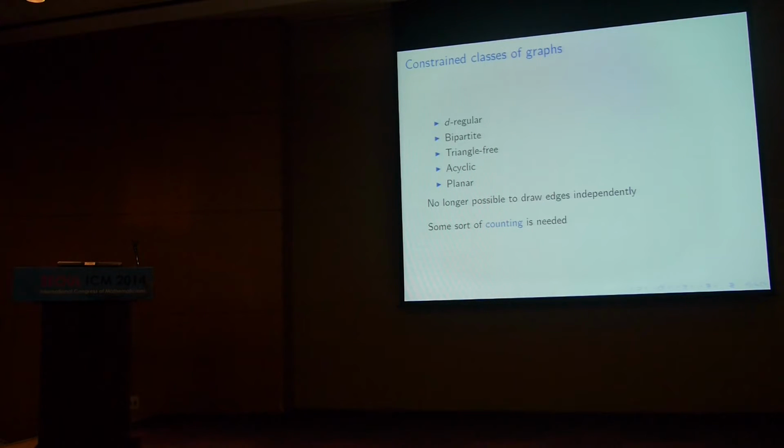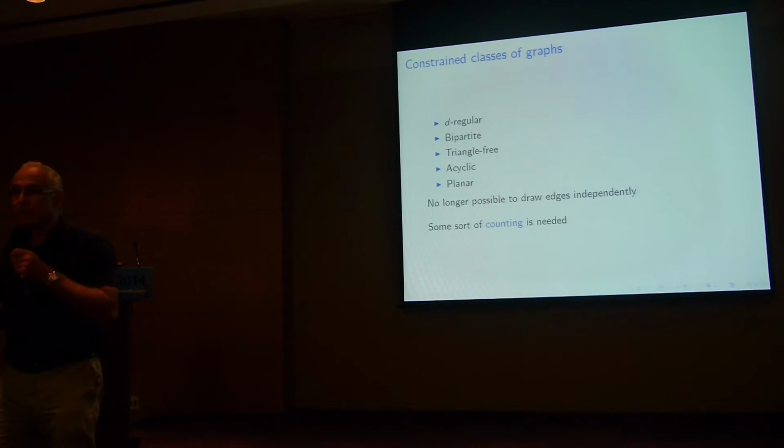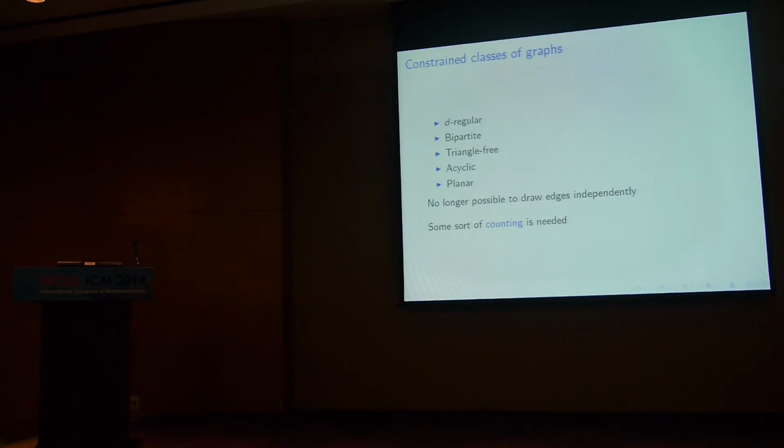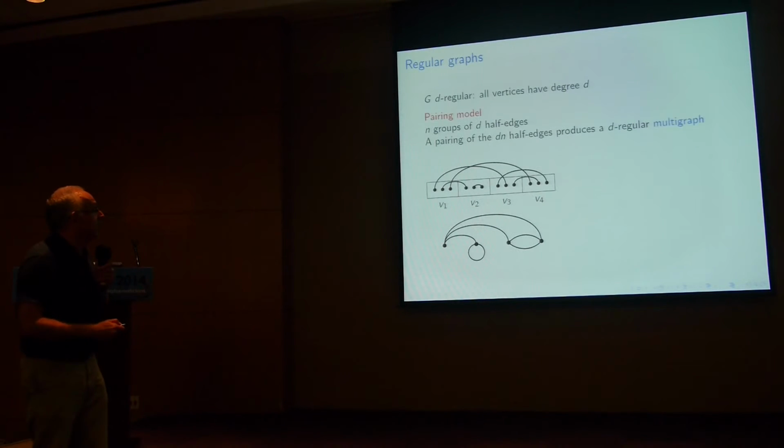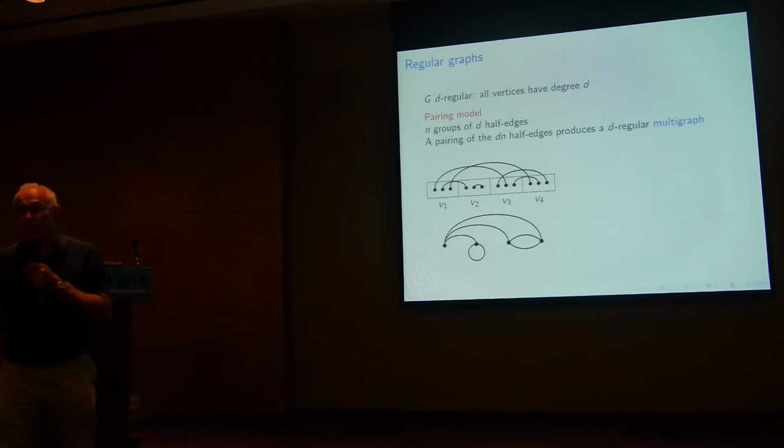As you will see, the counting techniques and the results will differ, but essentially there is a counting argument below everything. So let me start with something which is very classical, the class of regular graphs.